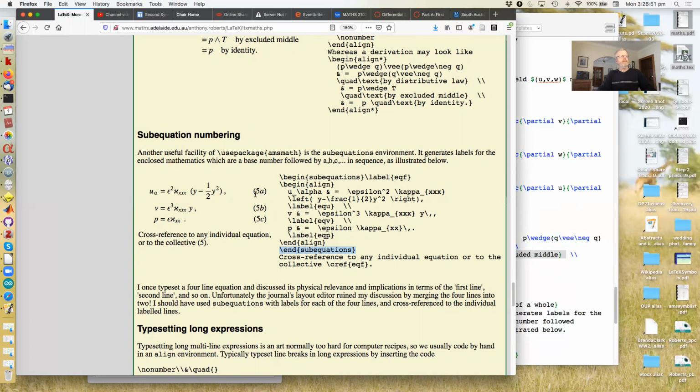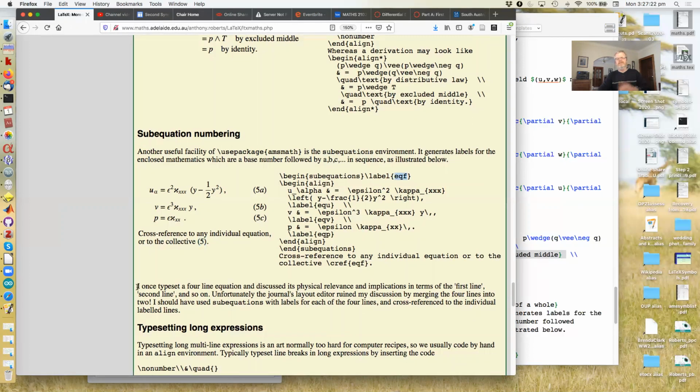So each equation gets a number. That's good, 5a, 5b, and 5c. So you can label them and refer to them individually, or you can refer to the collective, the 5, because you can label the collective. So after \begin{subequations}, just put a label, and then that gives you the collective one. I've got to say, this is a nice facility for all sorts of reasons.